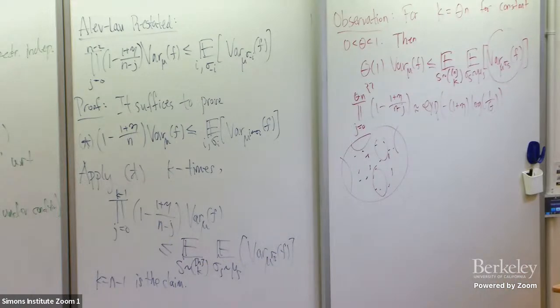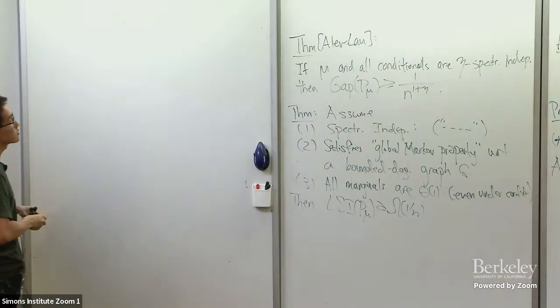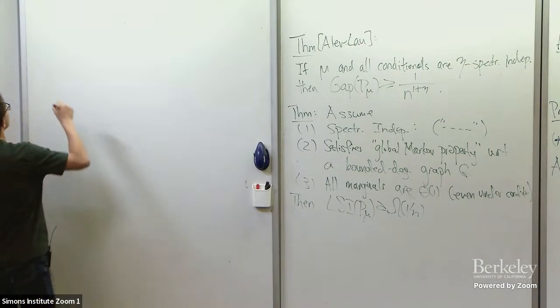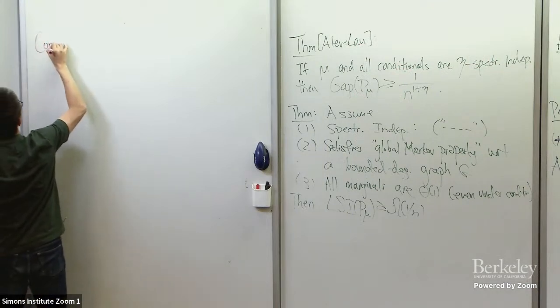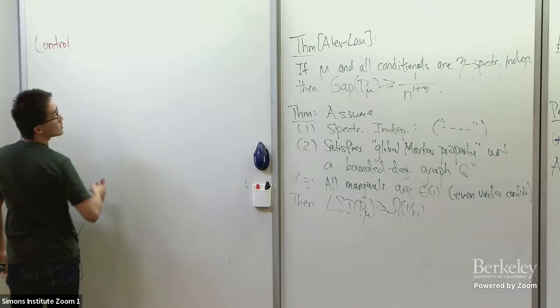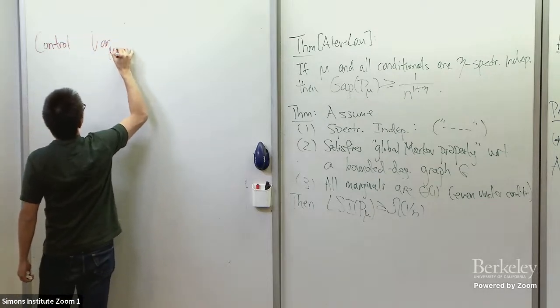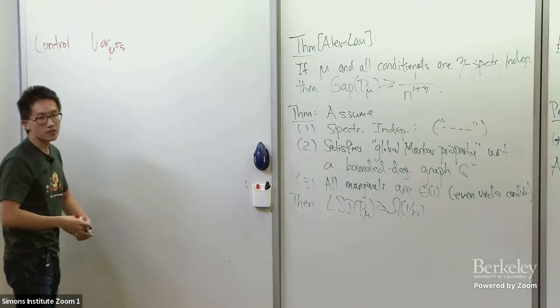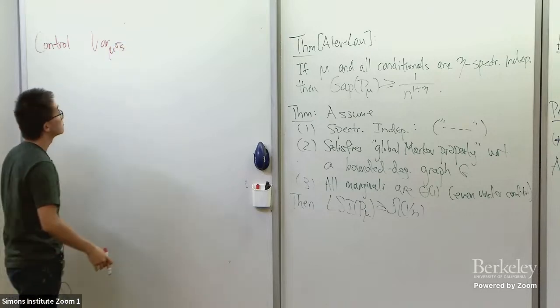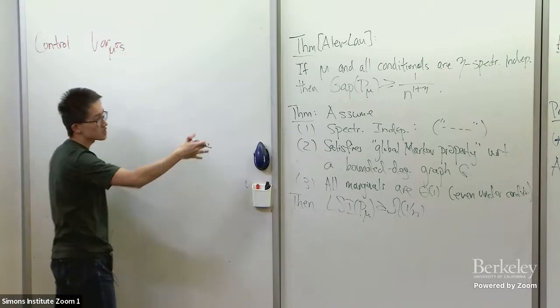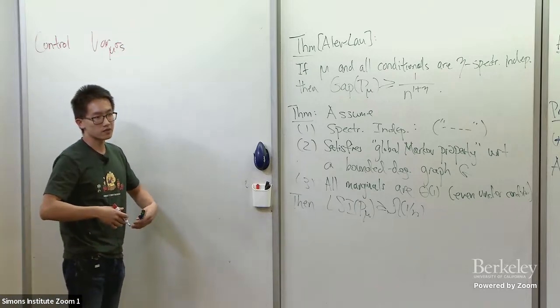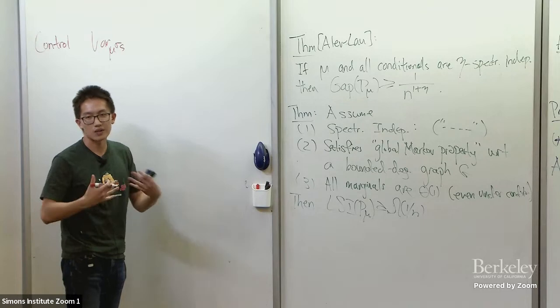Okay, so what do we want to do now? We want to control basically these variances after I've conditioned on the values of linearly many vertices. And since everything is in expectation, it's kind of okay if the bounds hold with high probability, basically.